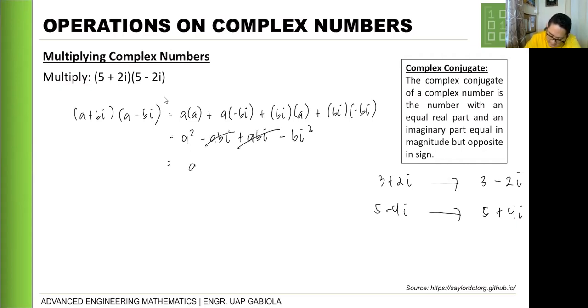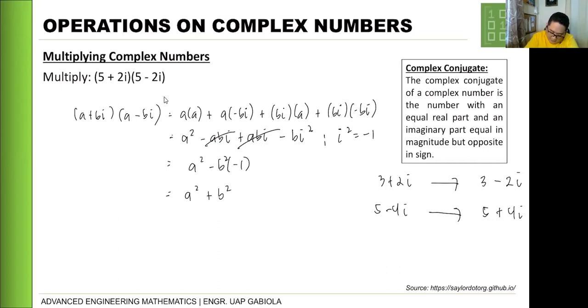So a squared minus b, since meron tayong i squared, that is equal to negative 1. So yung answer daw natin will be just a squared plus b squared. Okay? So yan yung isang property natin. When we see a complex conjugate number, pwede daw gawin natin, i-square lang natin yung value ng a at b niya. Okay?